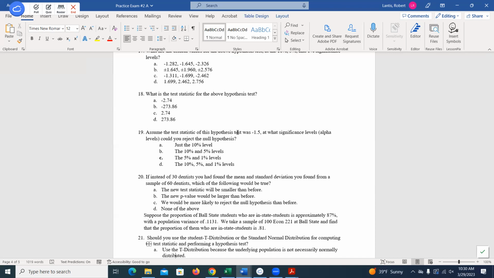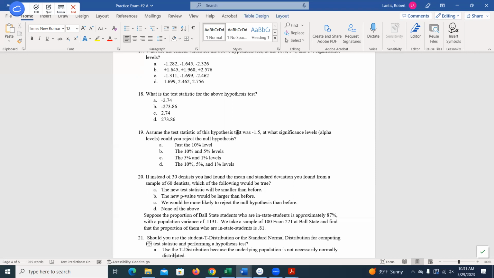Now this one's kind of easy, right? Because what type of tail test do I have here? I've got a left tail test. So if I'm looking for a p-value, which I believe is what we're going to need in order to answer the question, in order to say whether or not I reject or fail to reject at different levels of significance, I need to know, is that p-value less than alpha, right?